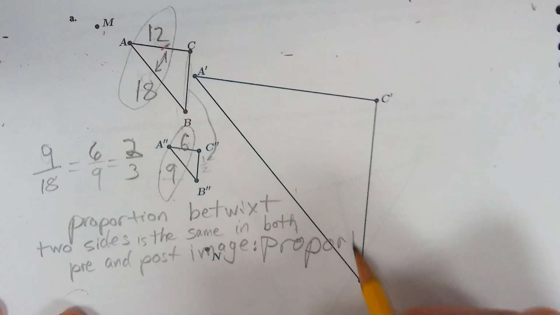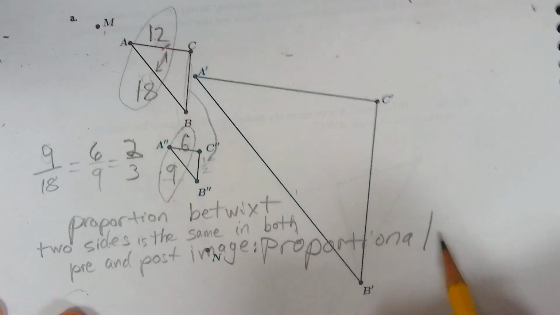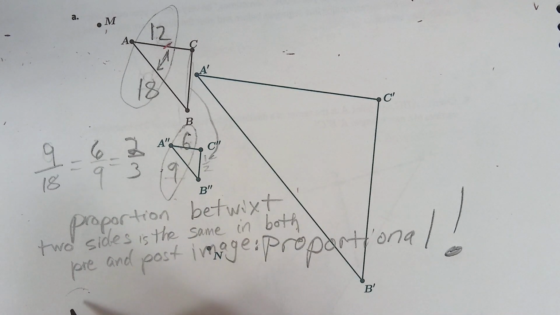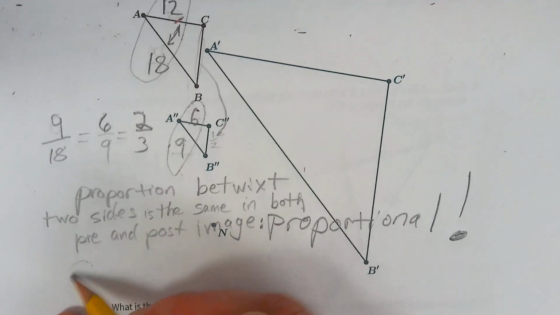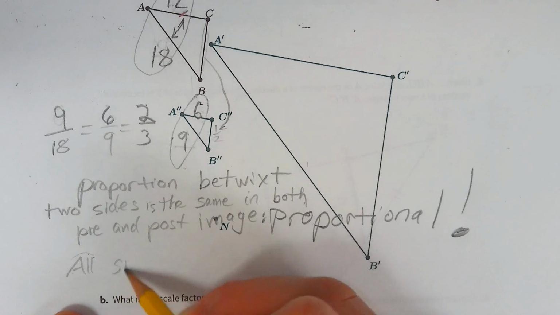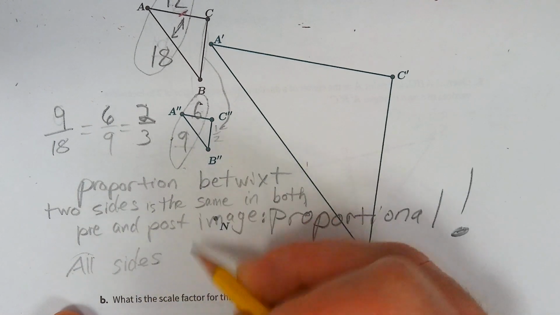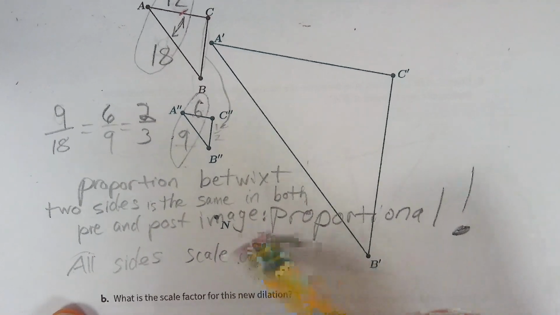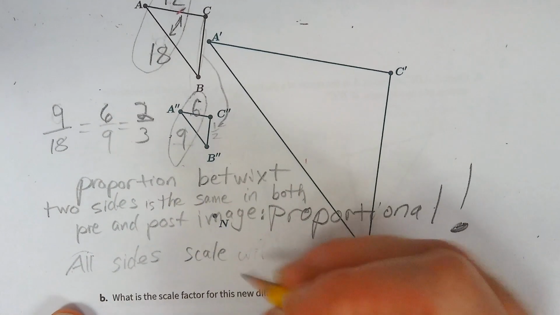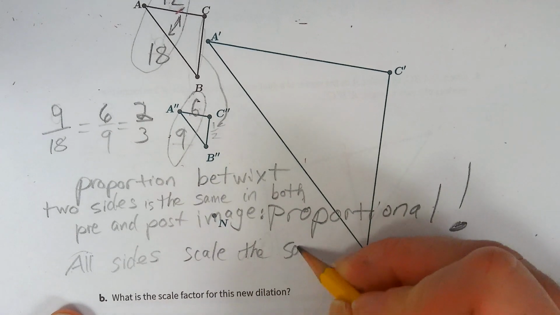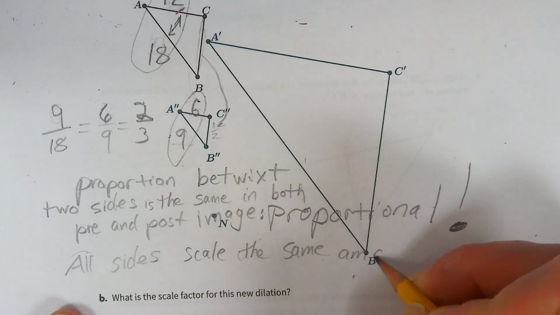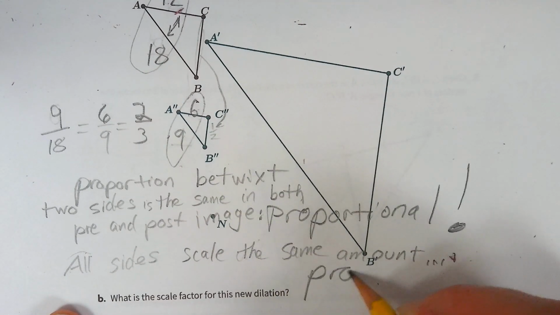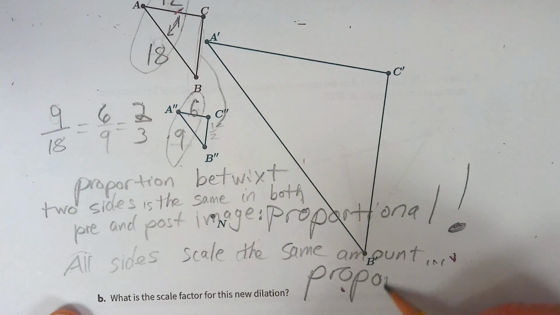That means it's proportional, is what I'm trying to say. And what's the other option? All sides scale the same amount. Yeah, there we go. All sides scale the same amount. Proportional.